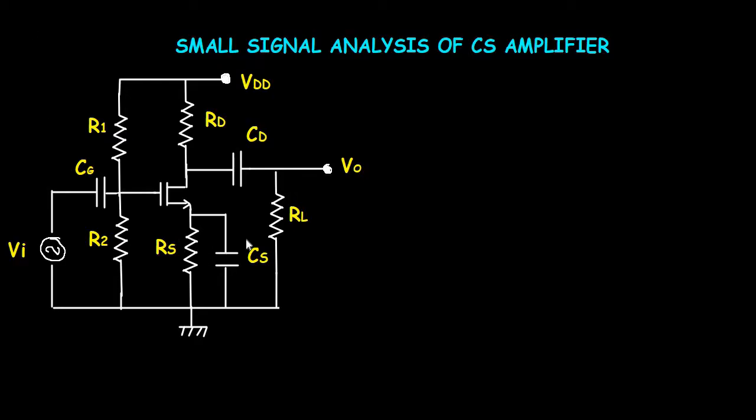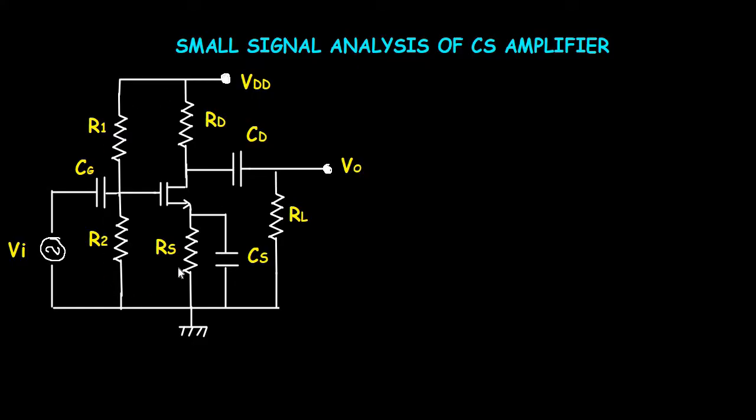Here, using the small signal analysis, we are finding the input resistance, output resistance, and voltage gain. That is the main purpose of our small signal analysis. We already studied the DC analysis of this circuit. In DC analysis, all the capacitors in the circuit act as open circuit, so we only consider this voltage divider bias portion.